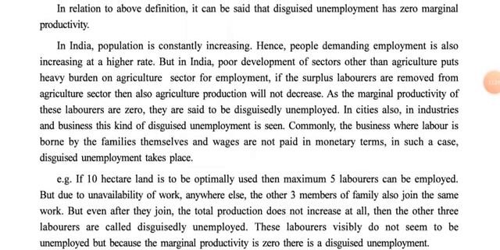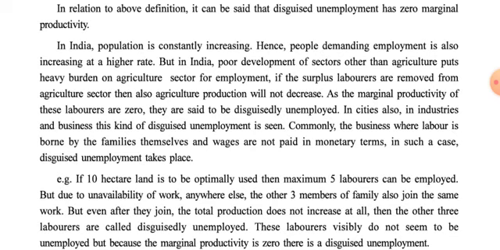Now why is this kind of unemployment seen in an overpopulated country like India, and what are the reasons behind this? Let us discuss further. In India, population is constantly increasing. Hence, people demanding employment is also increasing at a higher rate.